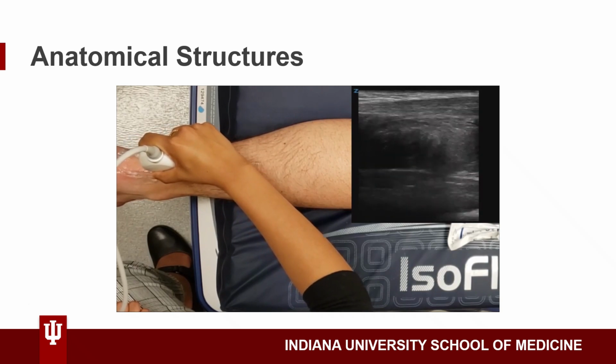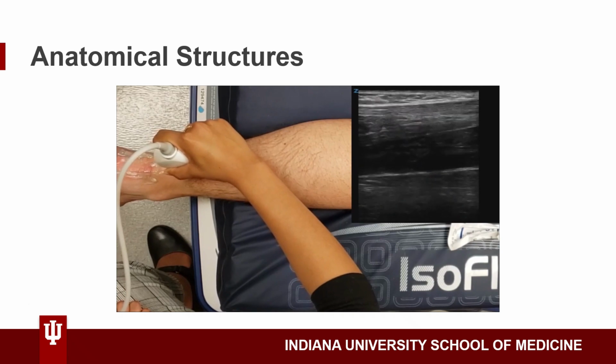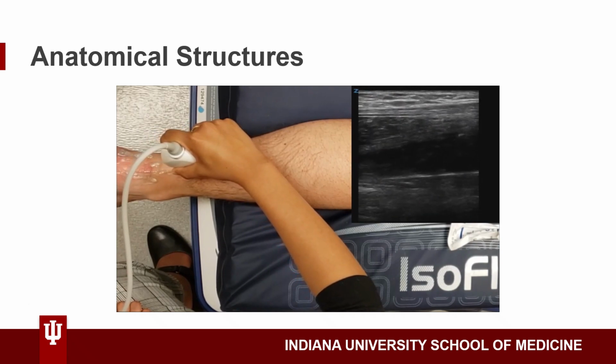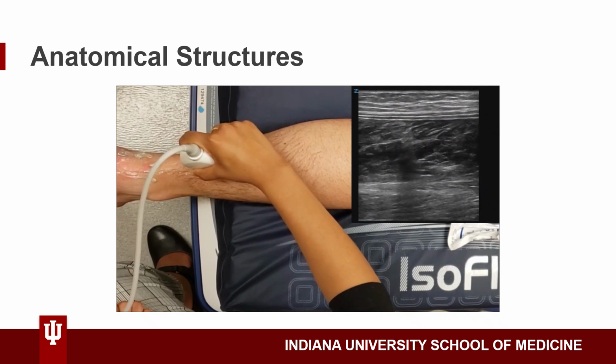As I scan upwards towards the head, I'm appreciating the smooth cord-like fibers of the Achilles tendon. I'm noting any thickening or any changes in echogenicity, anything that might look abnormal.